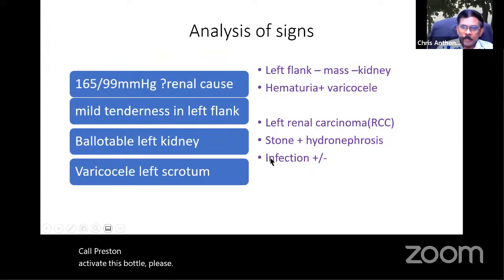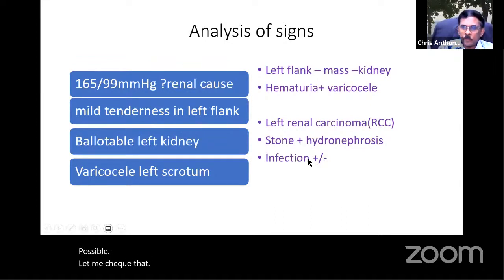Then the possibilities have now narrowed down after the signs. Left renal carcinoma, and the most common is renal cell carcinoma. It can still be a stone, especially a large stone in the kidney with blockage leading to hydronephrosis, so the kidney becomes palpable. In such cases, the kidney will also be slightly tender, which is so in this patient.